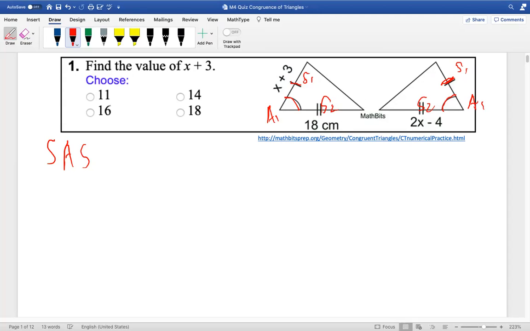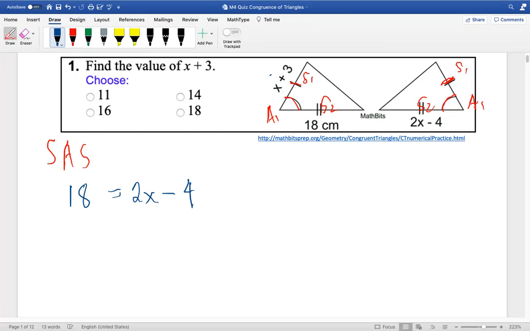Since these two triangles are congruent, then by CPCTC, which means congruent parts of congruent triangles are congruent, their corresponding parts, the angles and the sides, are already congruent. So we can conclude that 18 is equal to its corresponding part, 2x minus 4.